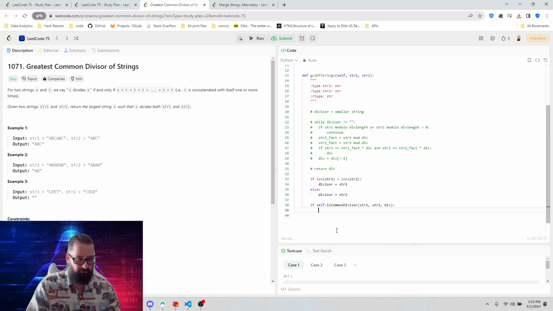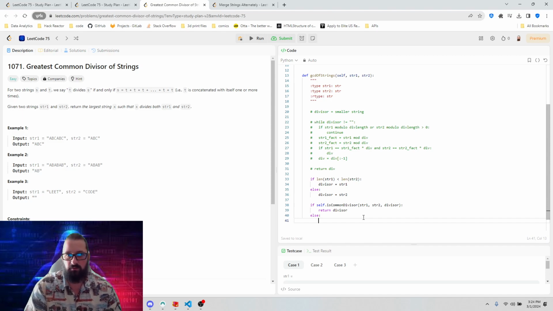If is common divisor, then we can return divisor. Else we can have div, because we know it's not going to be in there. And we know if there is a divisor, it's got to be at least half of the original.